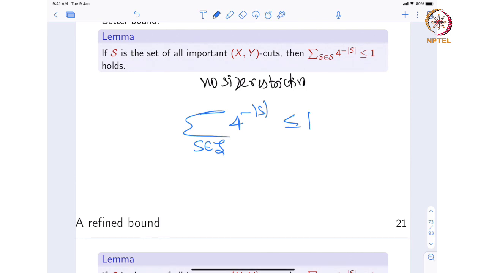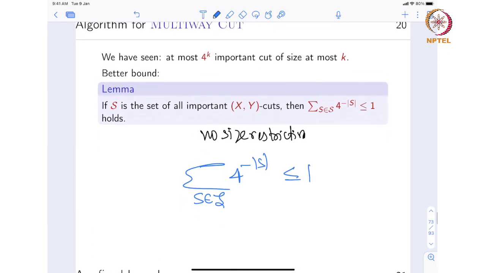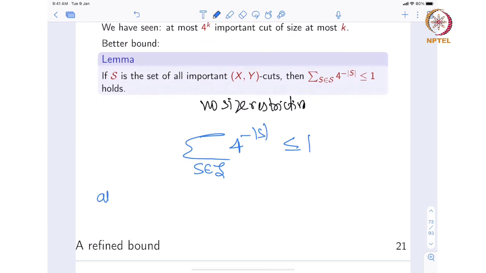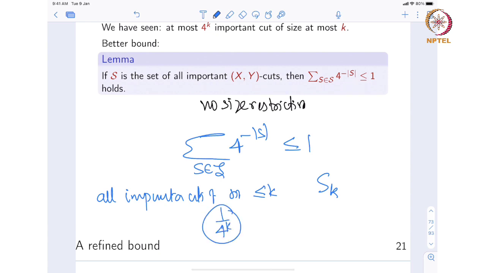But you may ask, why do I say this is a much more refined bound? Well, look at all important cuts of size at least k. Let's call this Sk. Look, 1 over 4 to the power k is smaller than 1 over 4 to the power k minus 1.